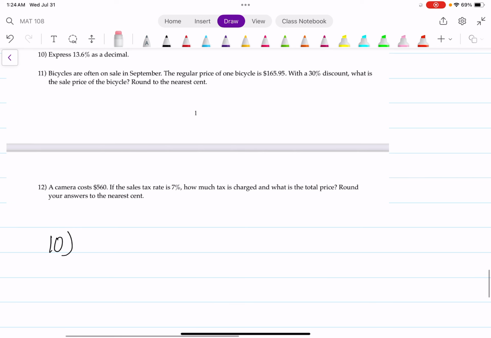I want to revisit how to convert a percent into a decimal and vice versa. Well, rather in this case, let's just go from percent to decimal. Now, percent means part of 100, such that 1% is one equally sized part out of 100 equal parts.